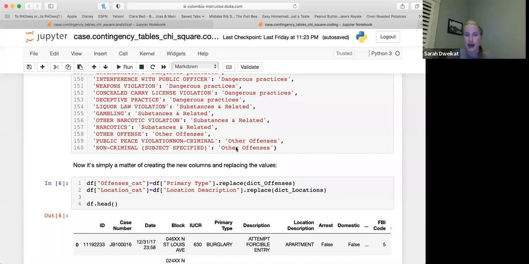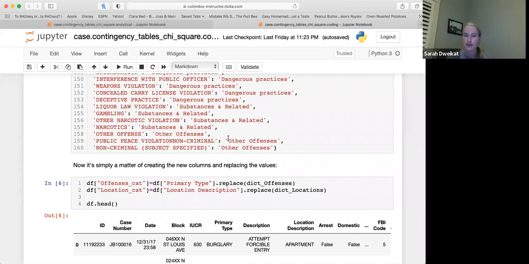The way that we do that is pretty simple. We're going to create a new column in our data frame called offenses cat, and that is going to be our wider categories for offenses. So what we're going to do is say we want to put in that new column based off of the primary type column. We want to replace it with our dictionary.